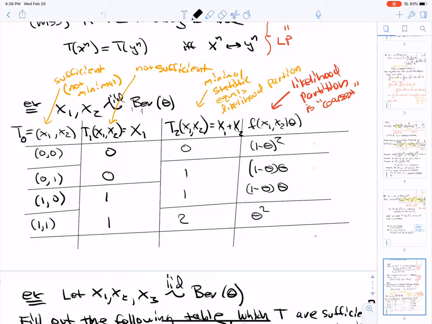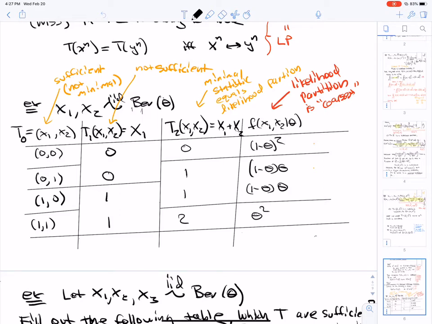However, for example, T0, which is basically our outcome space where every outcome is its own island or its own partition class, is a sufficient statistic, but it's not minimal. You can tell that it's sufficient because it's a finer partition than this likelihood partition.